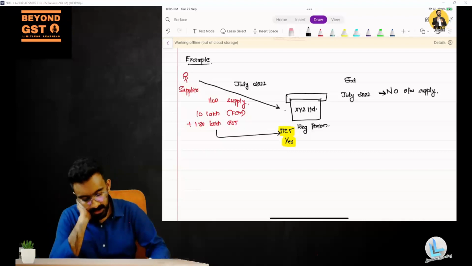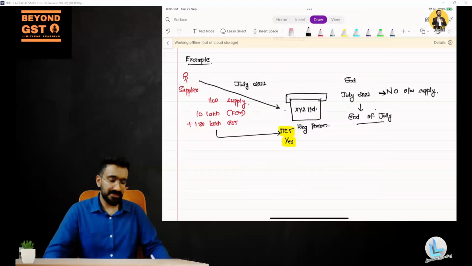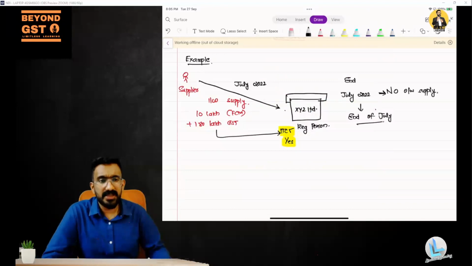So my question is that at the end of July, will they have net GST payable or excess credit to be carried forward?